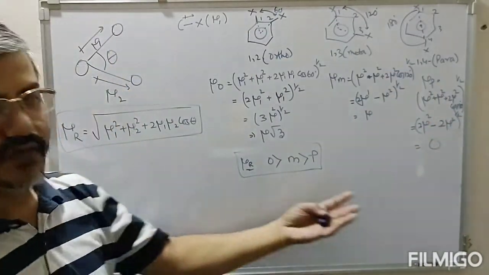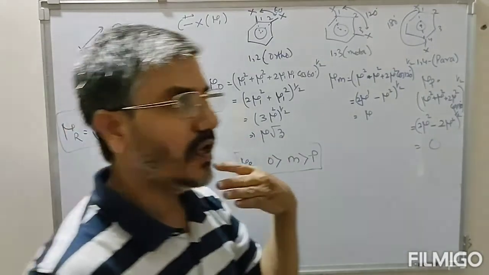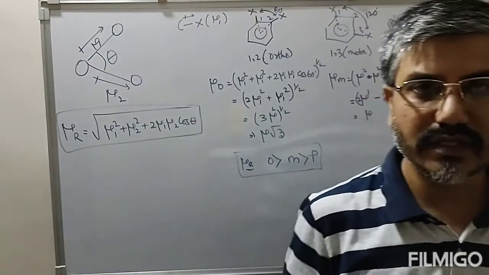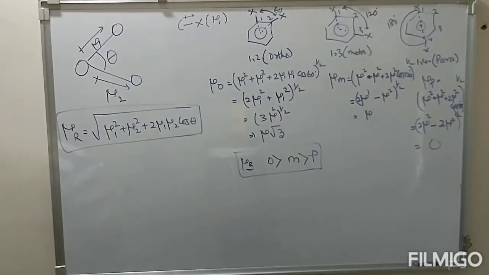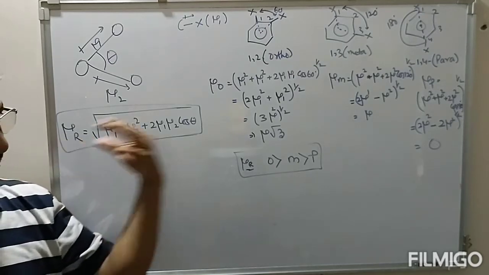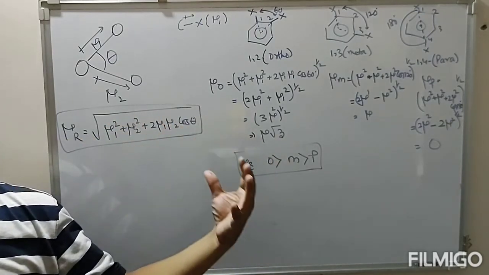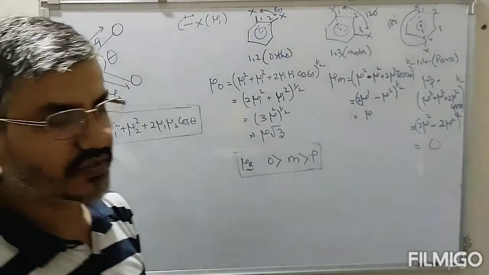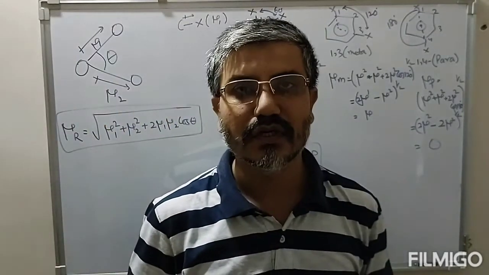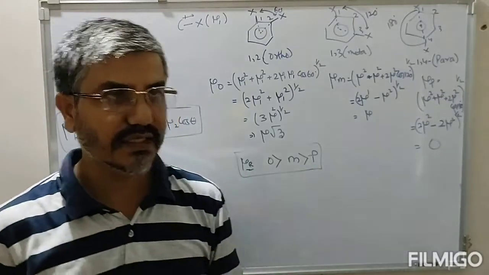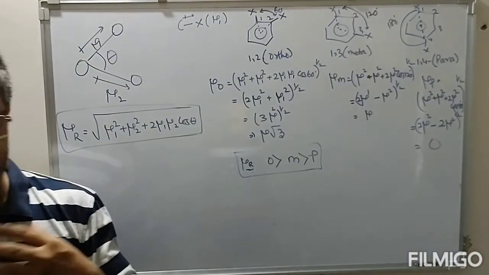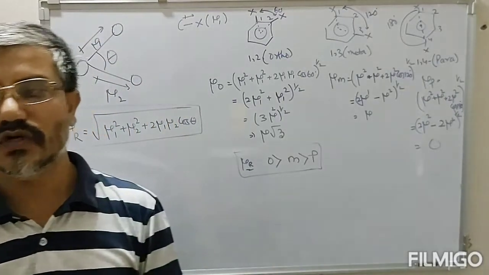So this is how we define the ionic character in covalently bonded molecules. Again I am repeating, the ionic character in a covalent molecule is due to the polarization of the bond due to electronegativity difference. This electronegativity difference develops a dipole in the molecule.